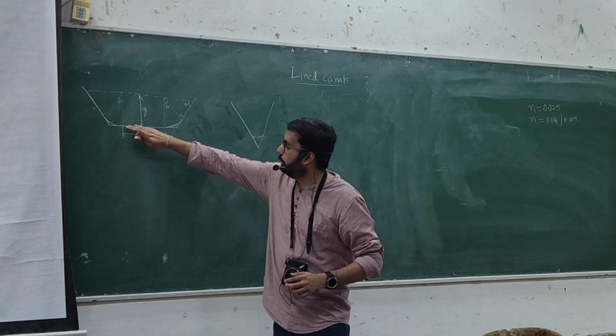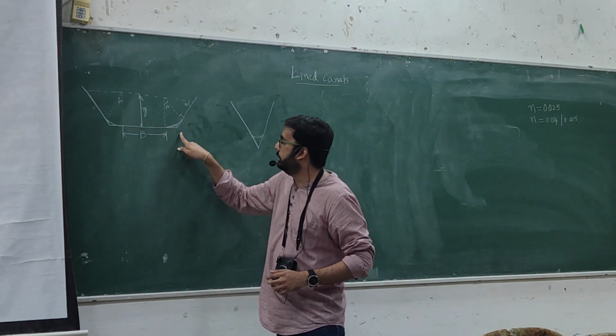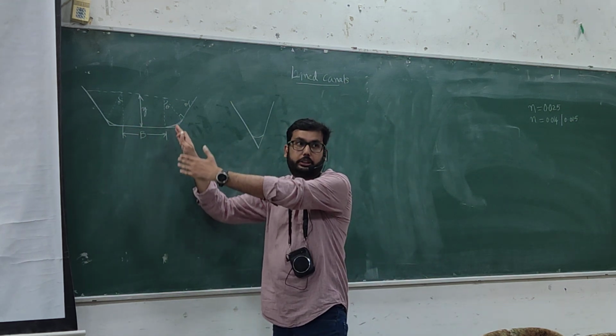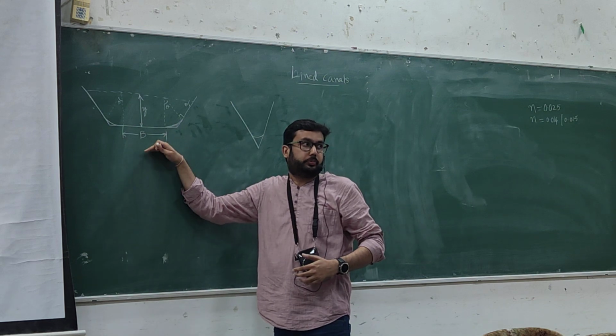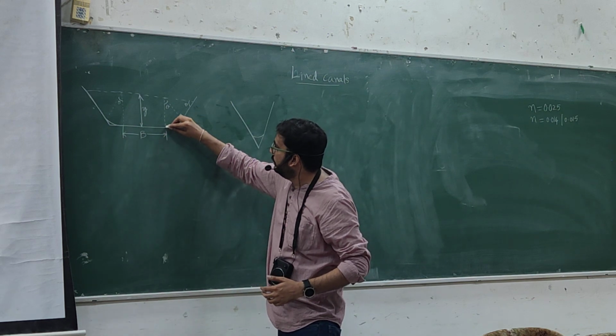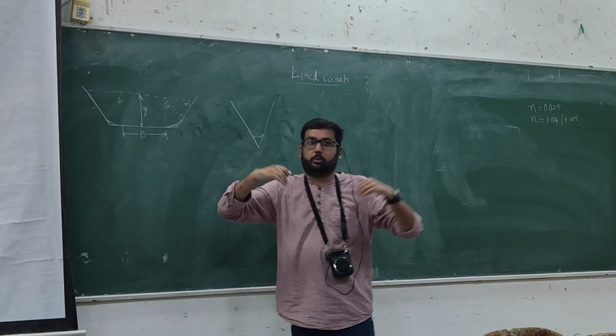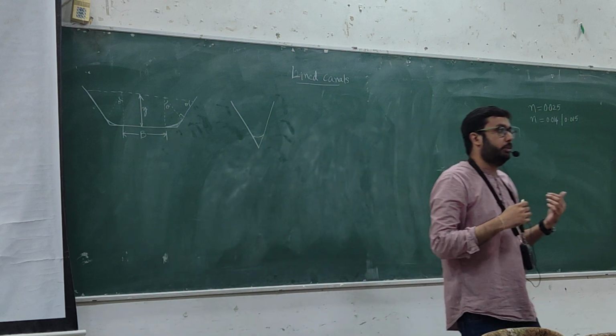Our bottom width would reduce from this edge to this edge. Now it's only focused in the center region, because from here the channel starts to curve up, so it is not bottom width anymore.